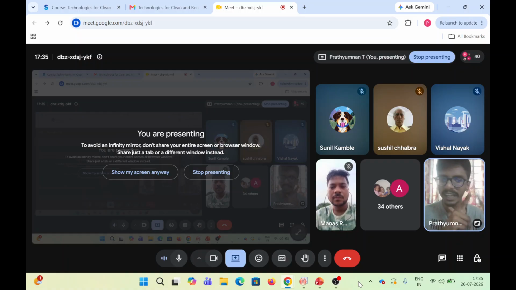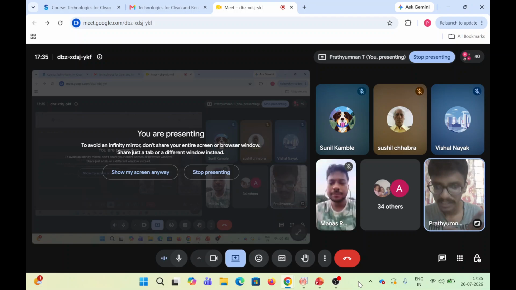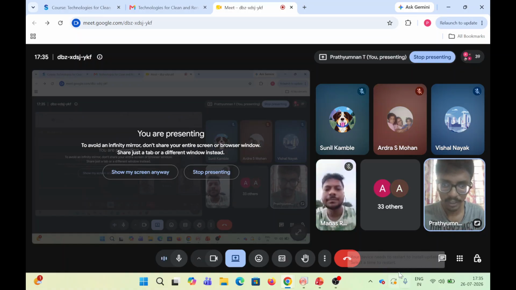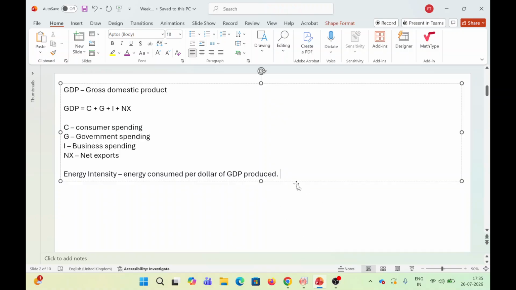Basically, we can either go for some modification of the current technologies that we have, or we can go for completely new technologies that can use this fossil fuel to produce energy. When we go for modification of the current technologies, let me just type this.